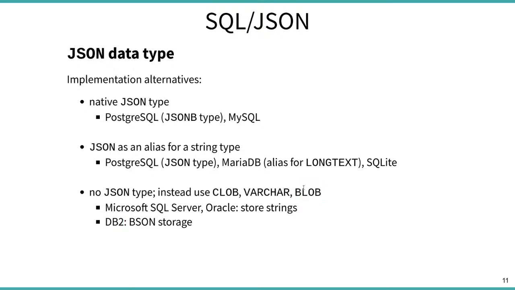DB2 uses blob, so binary large objects, and it makes a native storage there. So DB2 stores the JSON data like MySQL and PostgreSQL in an optimized storage format, but you need to specify a column of type blob for that. And Microsoft SQL Server and Oracle simply store the JSON string in a text column.